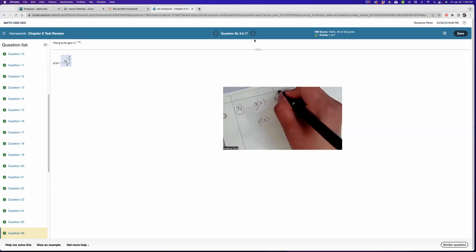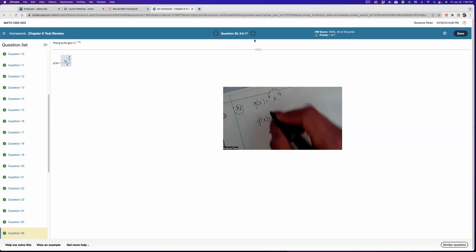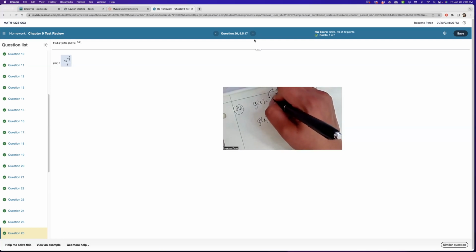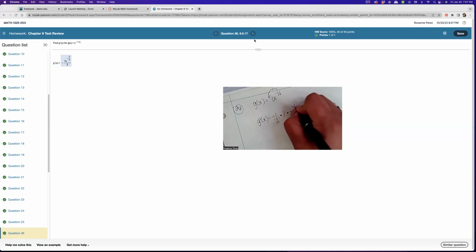I'm going to take my exponent, bring it and multiply it in the front, and I'm going to multiply by this invisible 1 as well, okay? So -1/2, I'm bringing this exponent to the front, times 1 times x to the -1/2 minus 1.